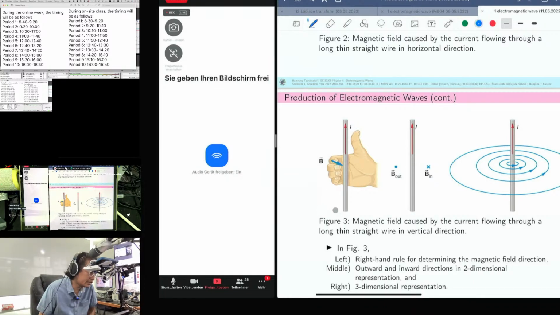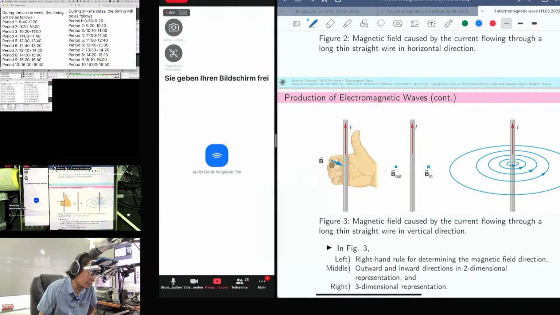And this is the 3D drawing figure, and here is the 2D case. If we don't draw it in the three-dimensional system, we draw it for simplicity in a two-dimensional plane like this.